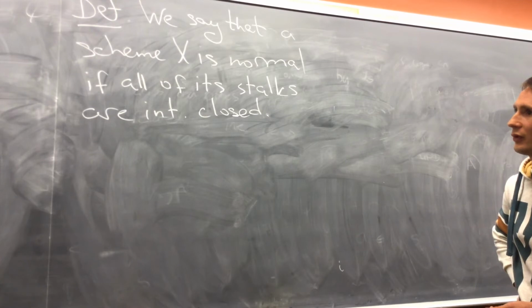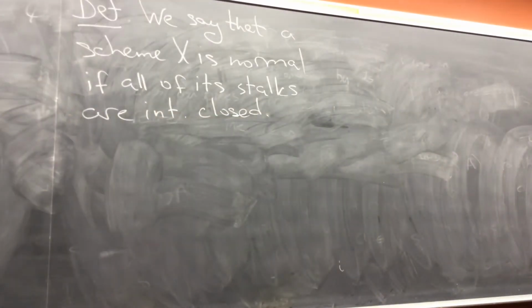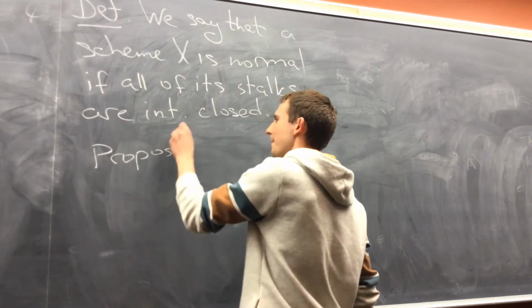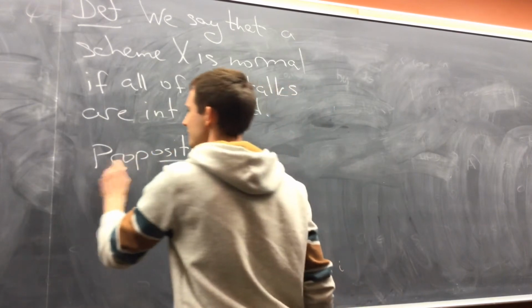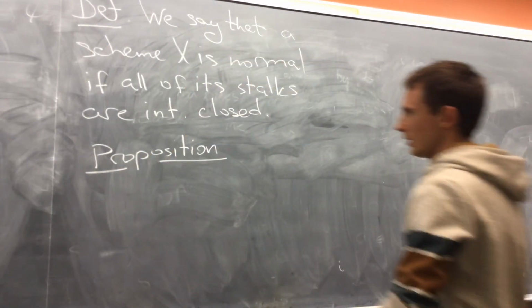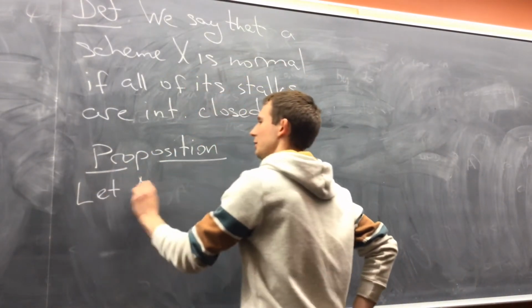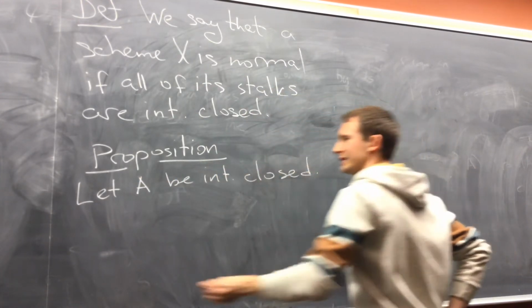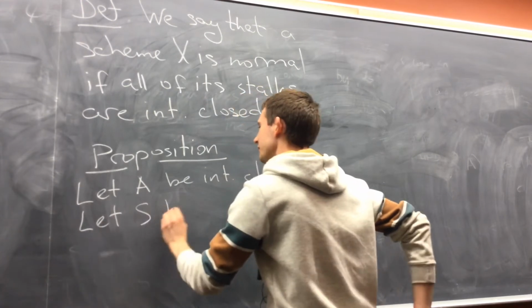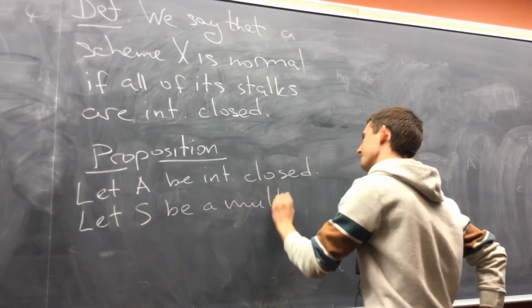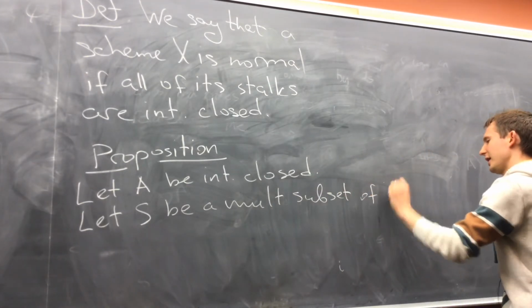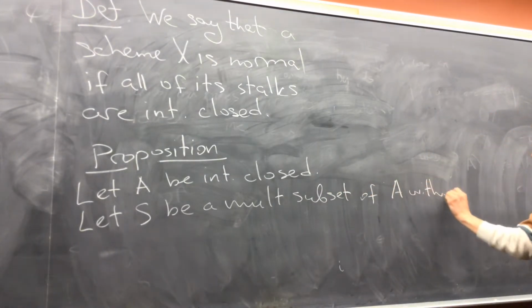Now, let's move to some... so what do I want to mention? Let's start with the following proposition: let A be integrally closed, and let S be a multiplicative subset of A without 0.